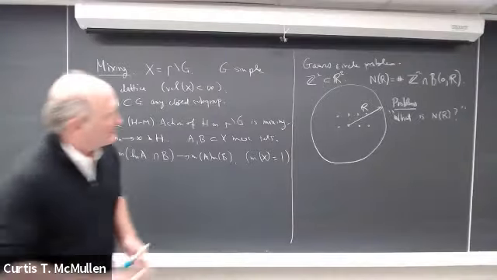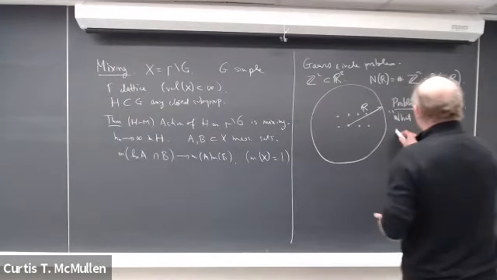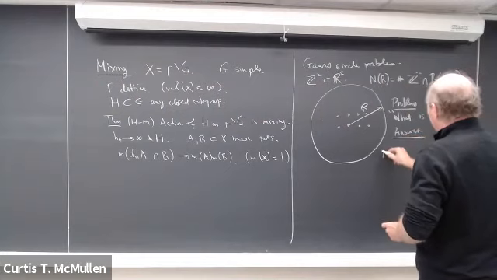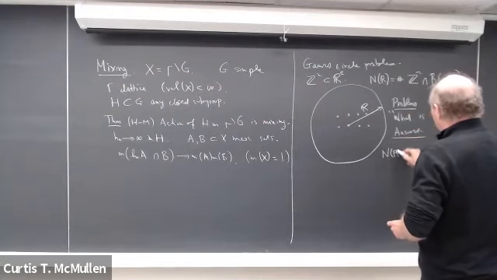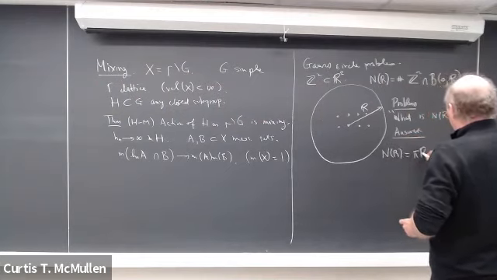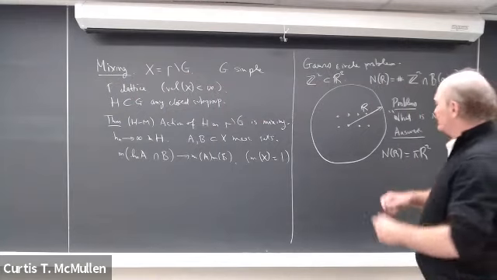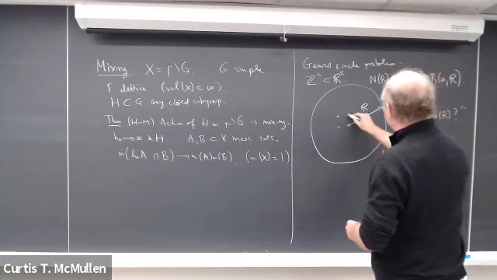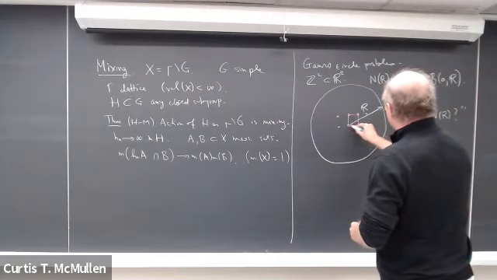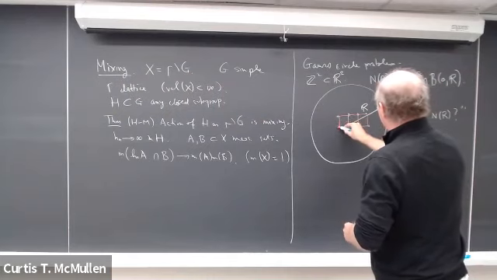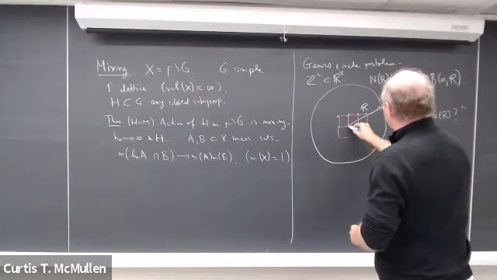Excellent. So the answer begins like this. N(r) equals pi r squared. And in fact, that's the leading term. That's a good approximation up to ratios when r is large. And the proof of this is not hard. You just tile the entire plane by squares.